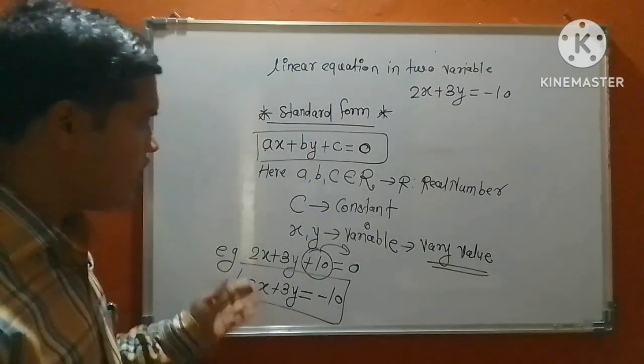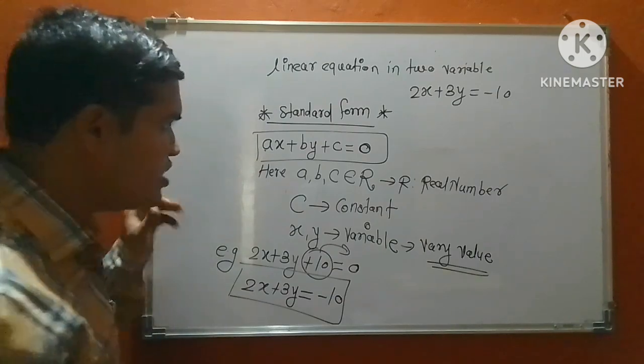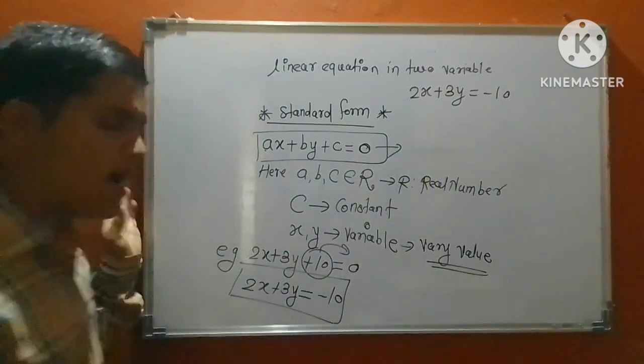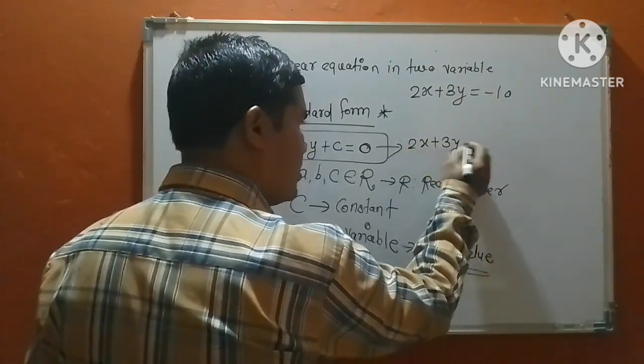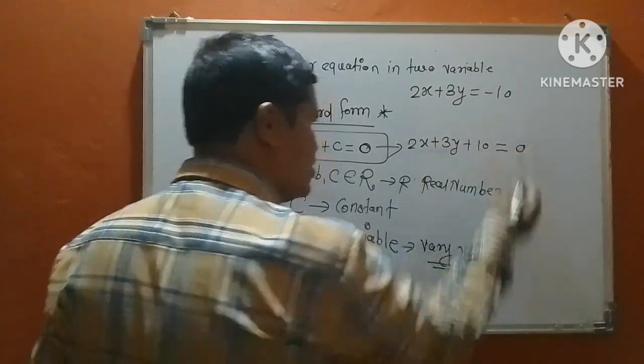So this equation compared to this equation means what? So here ax plus by plus c is equal to 0, and 2x plus 3y plus 10 is equal to 0.